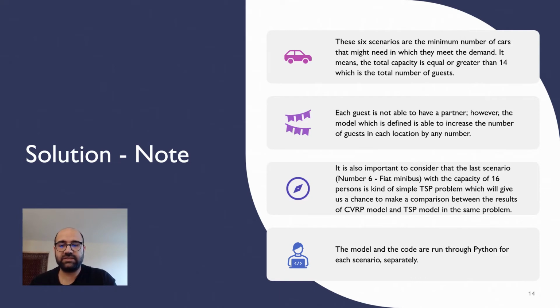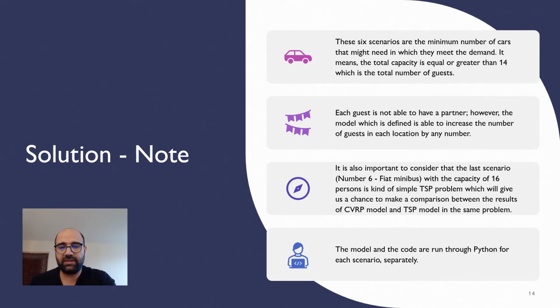Each guest is not able to have a partner, but it can be changed in other models. It is important to consider that the last scenario, scenario number 6, has a capacity of 16 persons, which makes it a kind of TSP model.